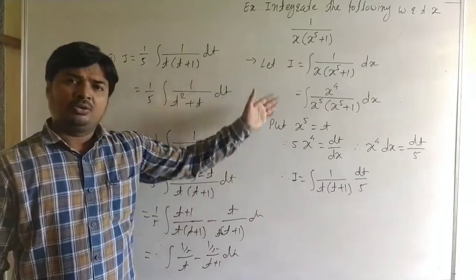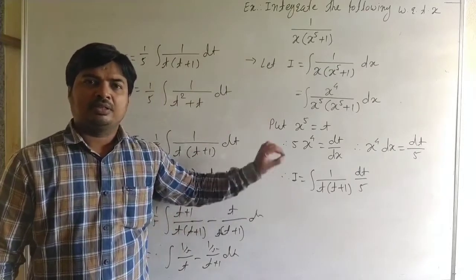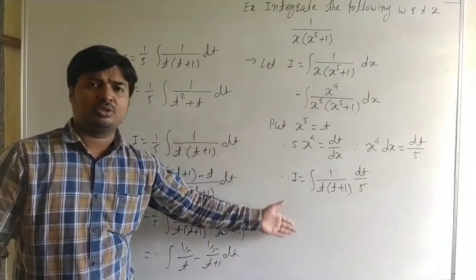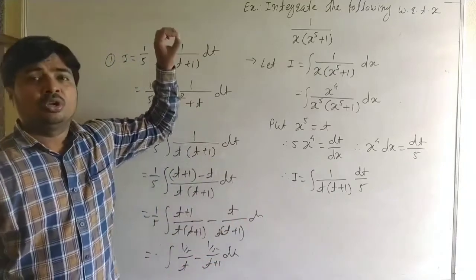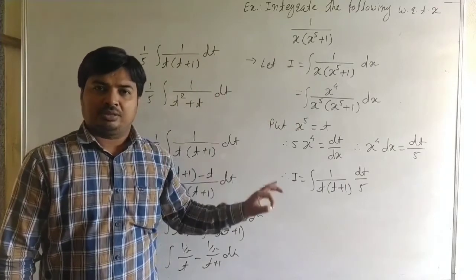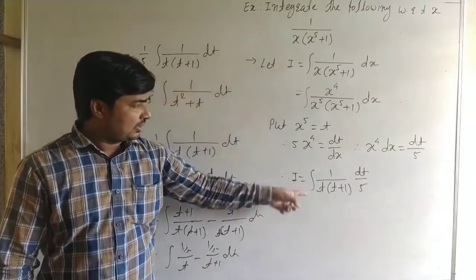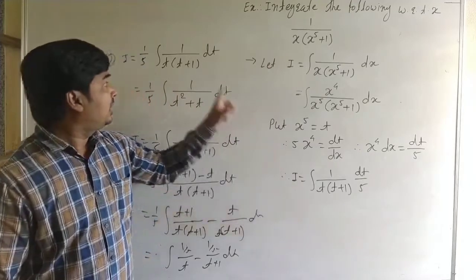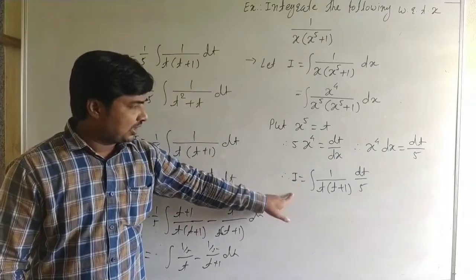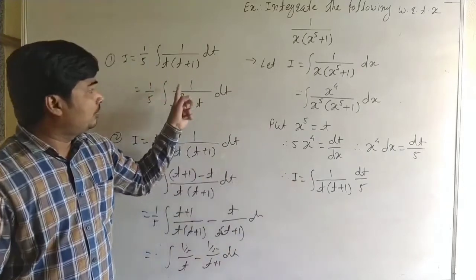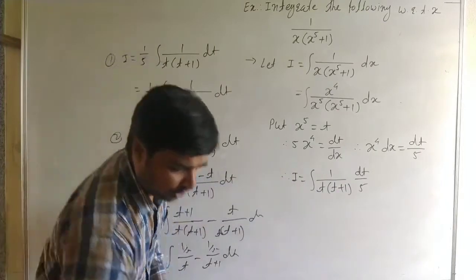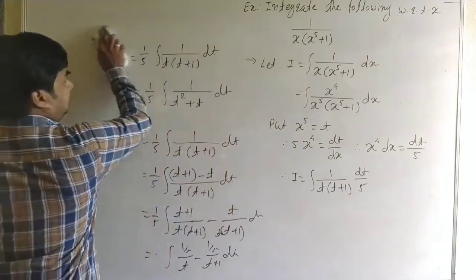In the exam you can solve the example by any one method to get full marks. Here use partial fraction. This is common for the three methods, and after that we use the completing square method, directly adjust, or use the partial fraction. Now here we use the partial fraction.